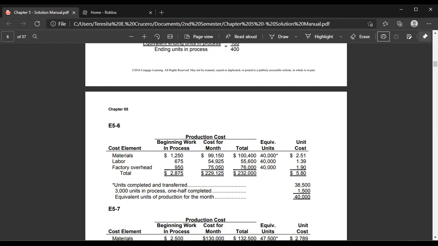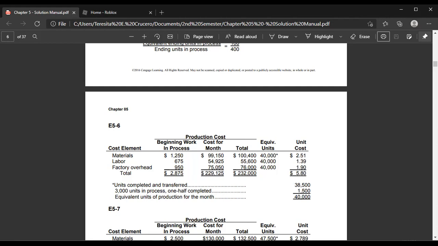Production costs for the month, materials, labor, and factory overhead. Units completed and transferred to stock, 38,500. Work in process at the end is 3,000 units, 1/2 completed. Compute the month's unit cost for each element of manufacturing cost and the total per unit cost.